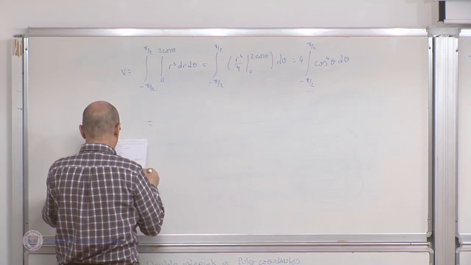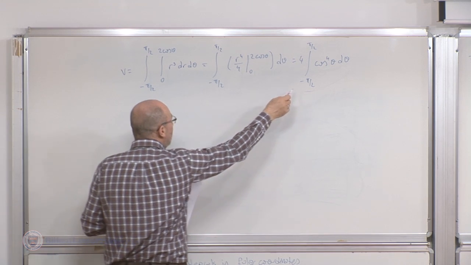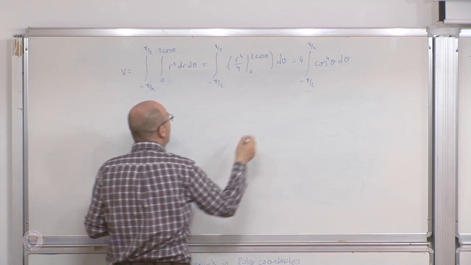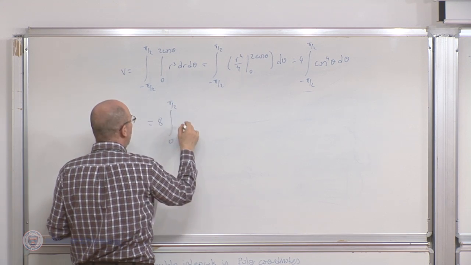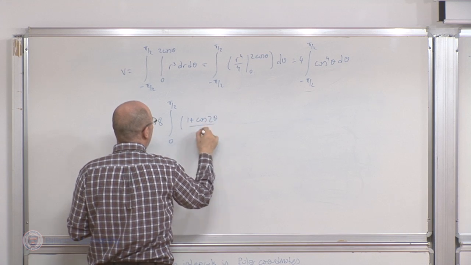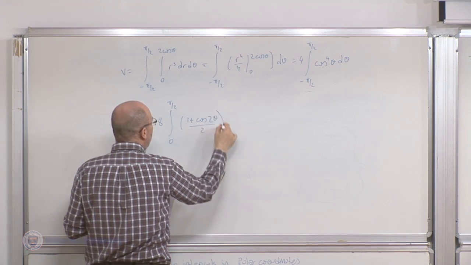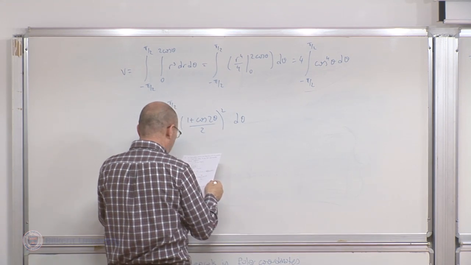So this is now. Okay, I decided at home when I was doing it that I could multiply and do it from 0 to pi over 2. So this is now 1 plus cosine 2 theta over 2, which is cosine square, and squared again, d theta.